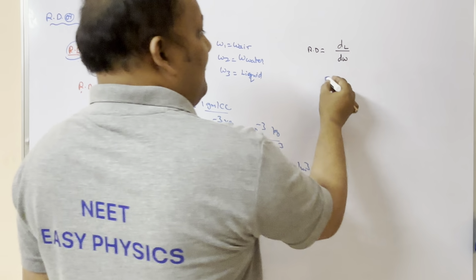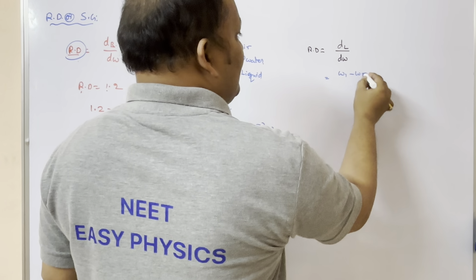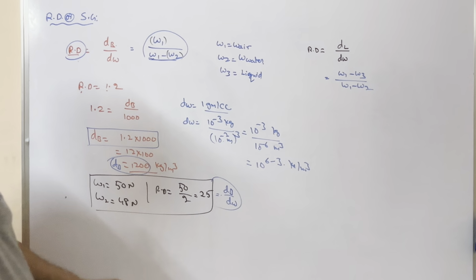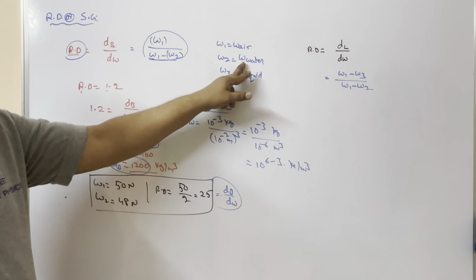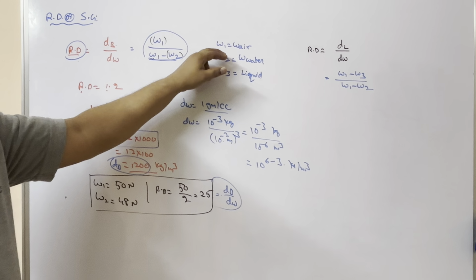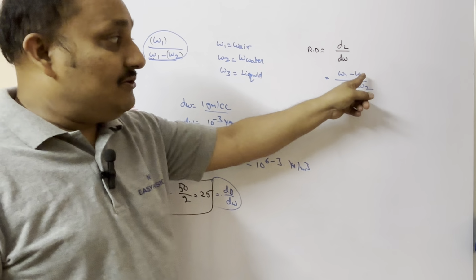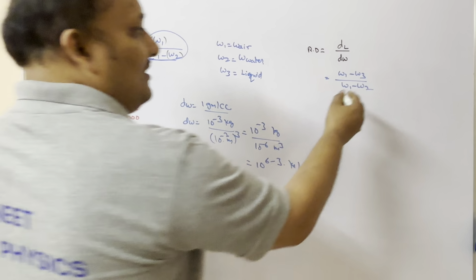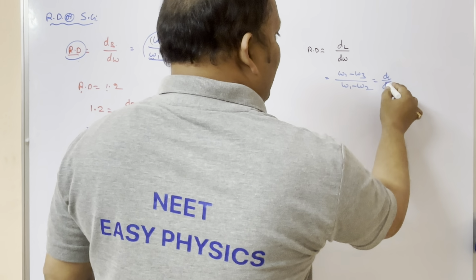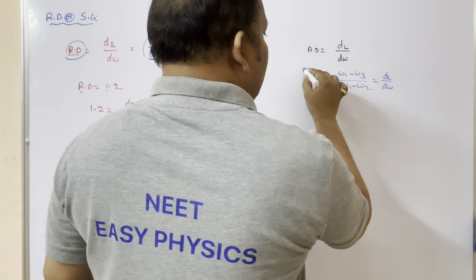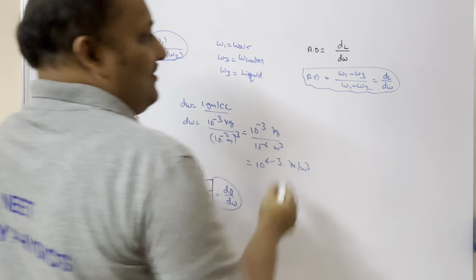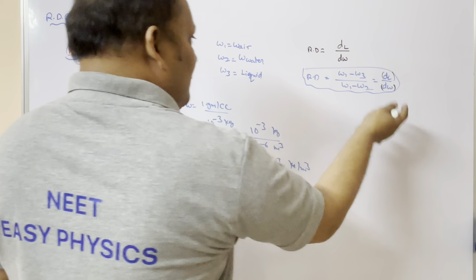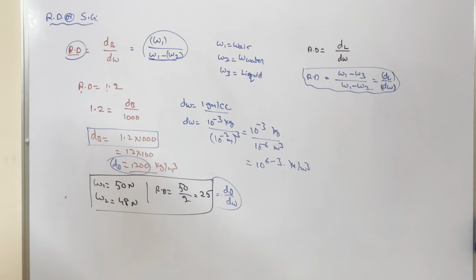That is given as W1 minus W3 divided by W1 minus W2. W2 is the weight of the object in water, W1 is the weight of the object in air, and W3 is the weight of the object in that liquid. This is going to give the density of the liquid. This is the relative density formula. Again, the density of water is 1000 kg per meter cube.